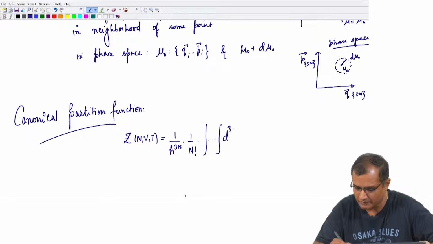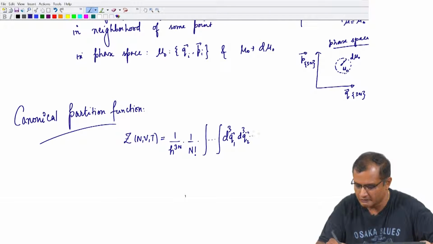So, I am going to write down d cube q 1 into d cube q 2 all the way to d cube q n.